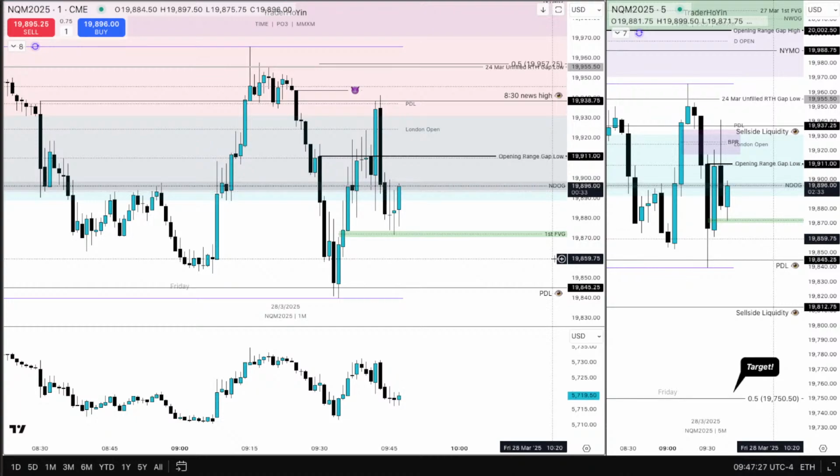Bullish SMT is still intact, so it's just chopping around.